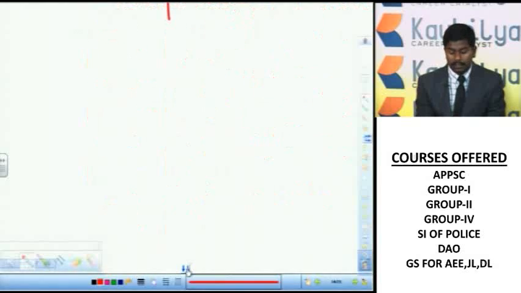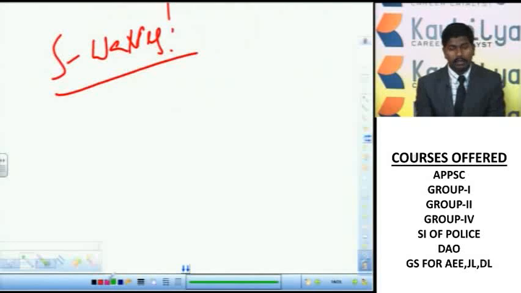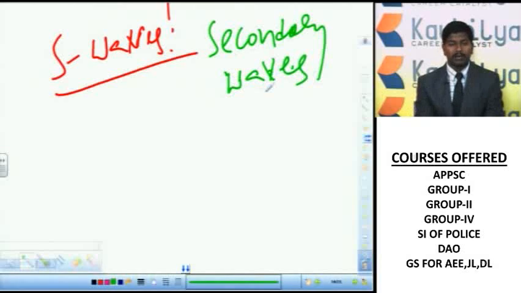Right? Then coming to the S waves, which are nothing but secondary waves. S waves start from the focus after the arrival of the P waves.